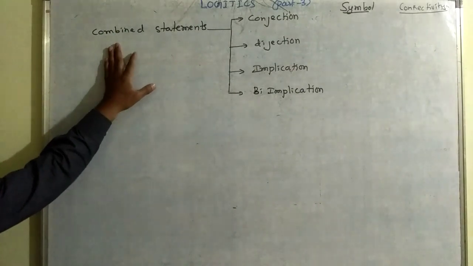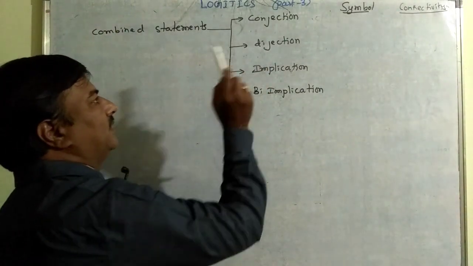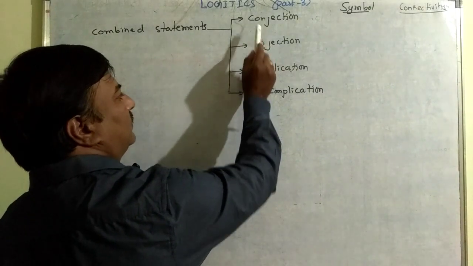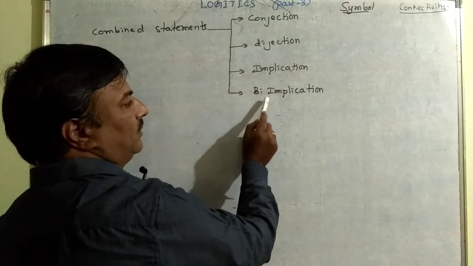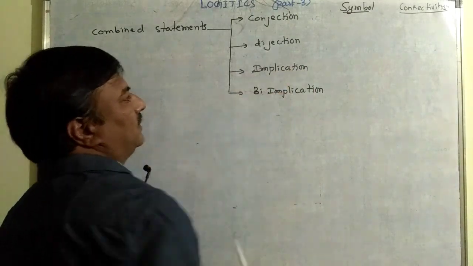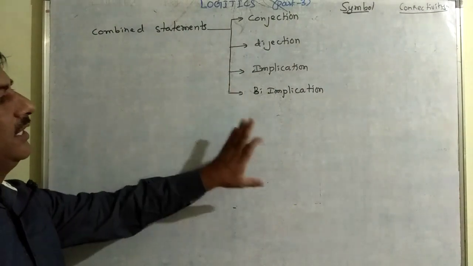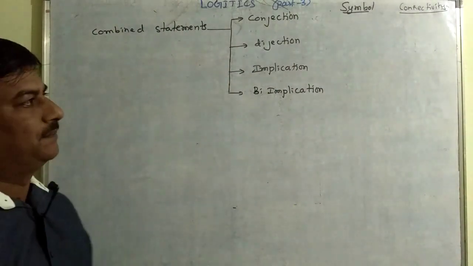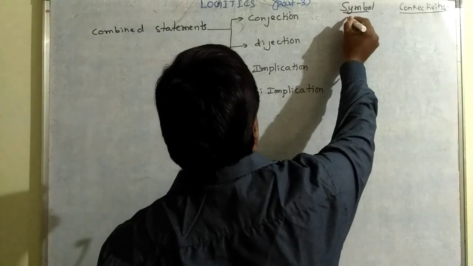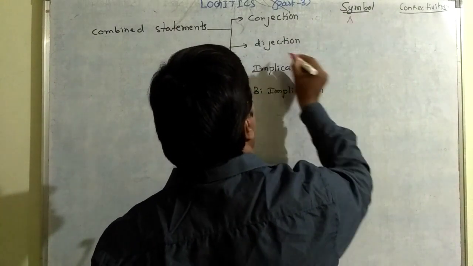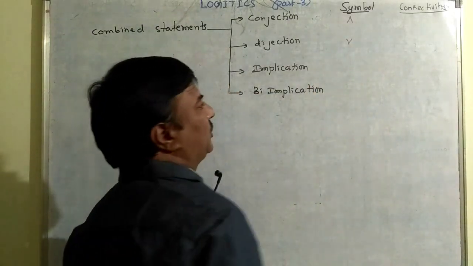Combined statements we can divide into these four categories: conjunction, disjunction, implication, bi-implication. Now the symbol for conjunction is this. The disjunction symbol is just a V shape.